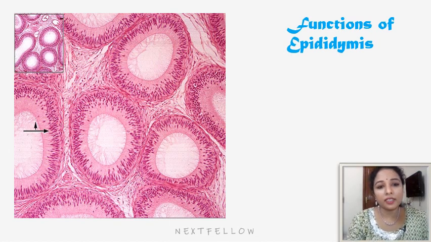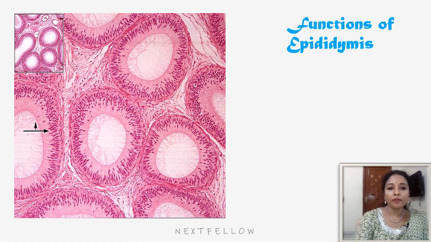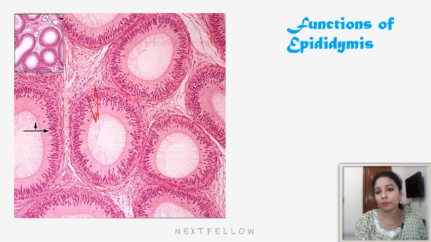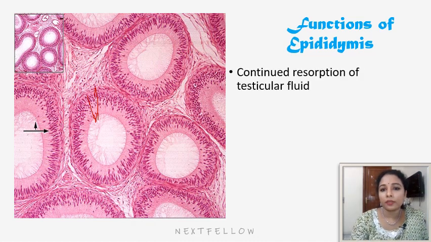Here we can see a histological image of the epididymis, lined by ciliated columnar epithelium. The cilia here do not move, so they are stereocilia. These columnar cells help in resorption of testicular fluid.